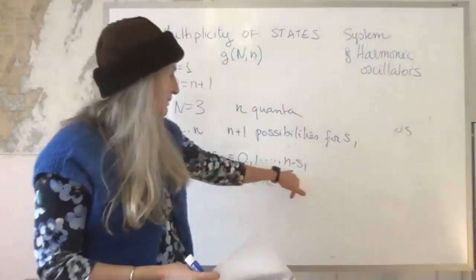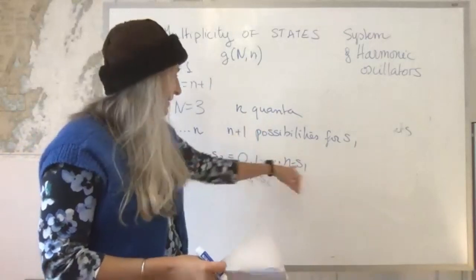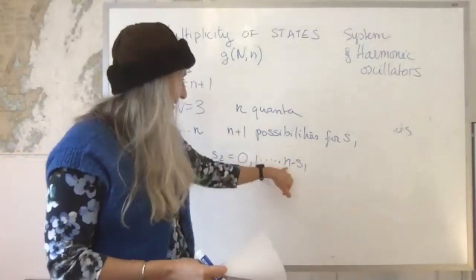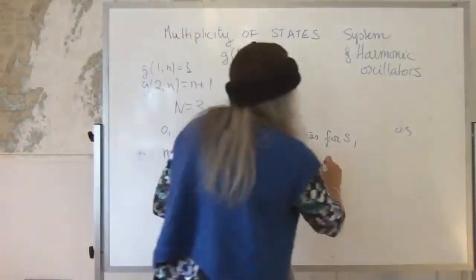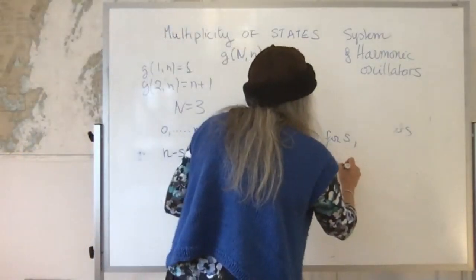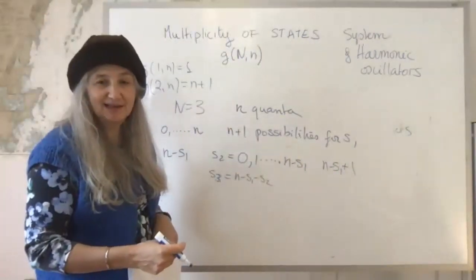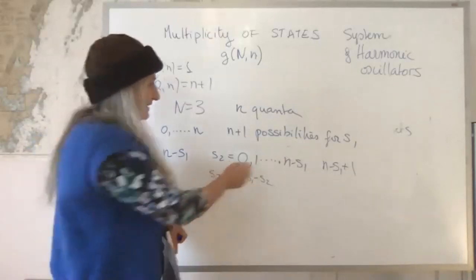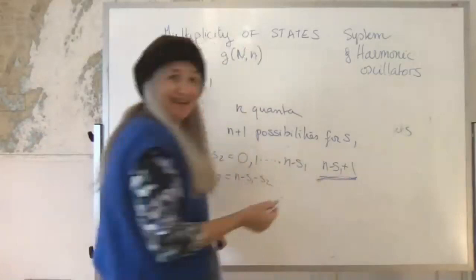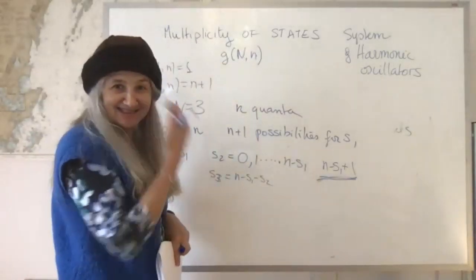So what I need to do is sum over all possible values for S1 and then figure out how many there are left, which is n minus S1 plus 1. So there's n minus S1 plus 1 possibilities for S2 once I've chosen S1. And so I have to sum over all possible ways to choose S1 and then add this together for each one. And then I don't have to worry about S3 because it's determined.